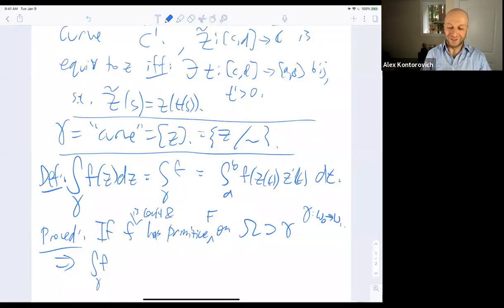Big F prime is little f. F is holomorphic and its derivative is little f. Yeah, antiderivative.